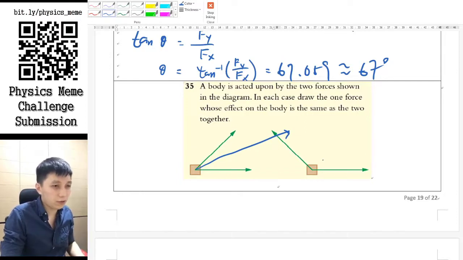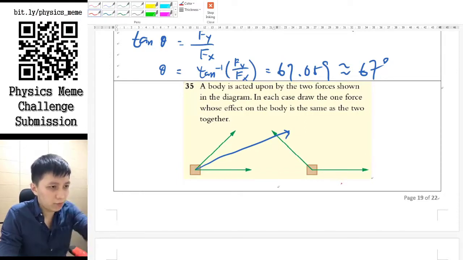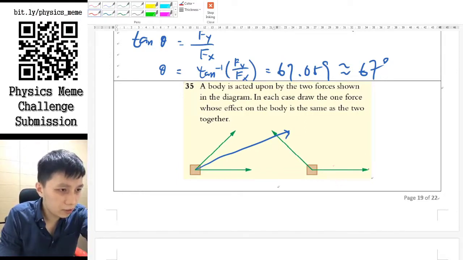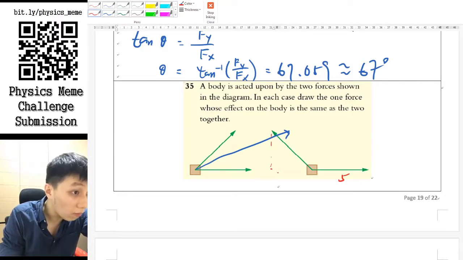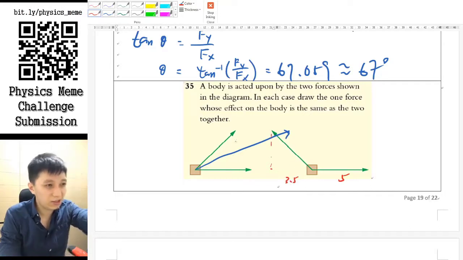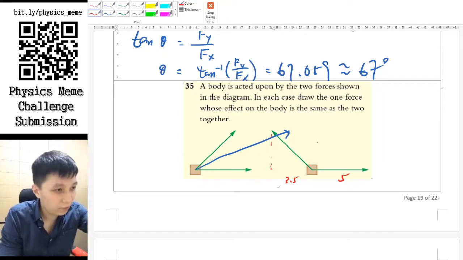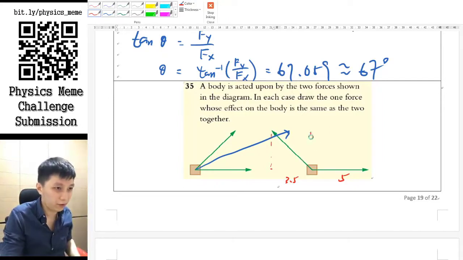For the second question, again, I will need to measure it. This one is about 5 again, and this one at this point is also about 3.5. I guess this is just the same vector but swung to the left, and vertical is the same, also 3.5.